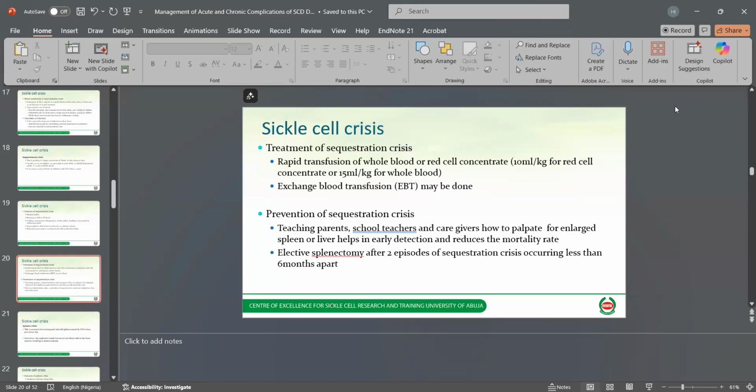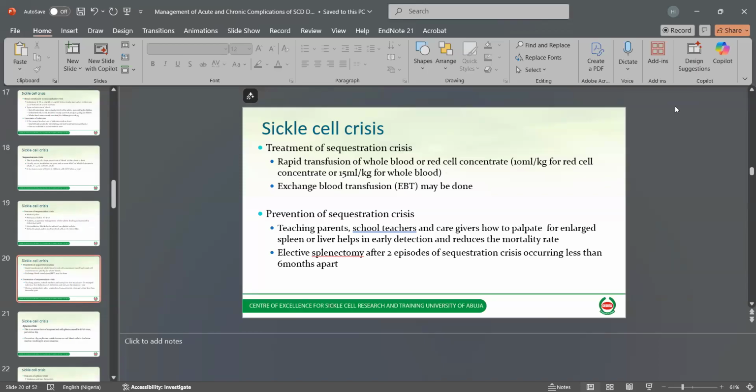Treatment of sequestration crisis: rapid transfusion of whole blood or red cell concentrate, 10 ml per kg for red cell concentrate or 15 ml per kg for whole blood. However, this should be done very cautiously.